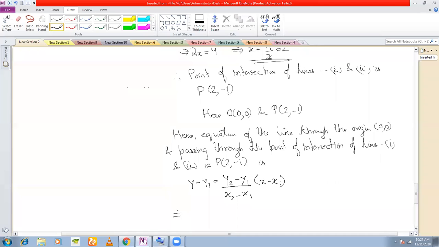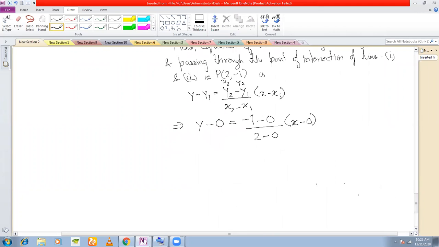Put the values. Take this as your x1, y1 and this as your x2, y2. So you get y minus y1 is equal to (y2 minus y1) by (x2 minus x1) into (x minus x1).